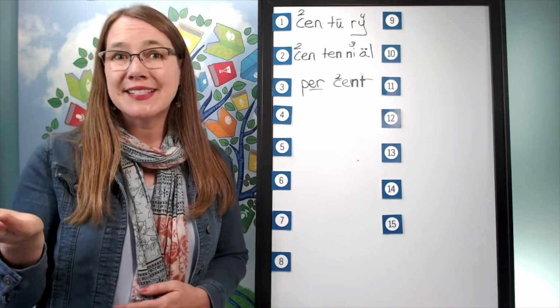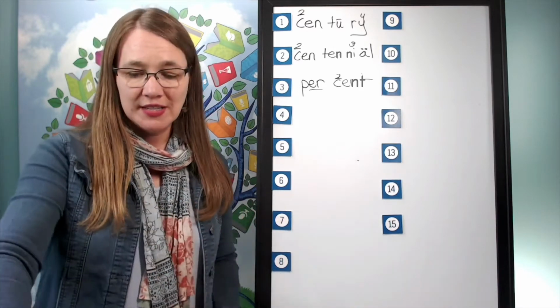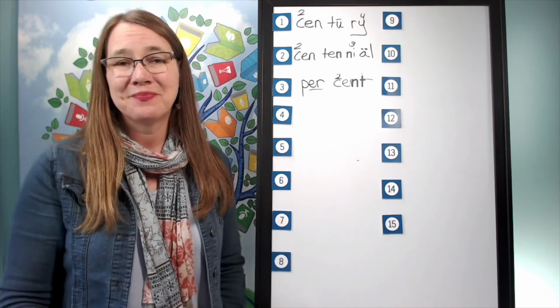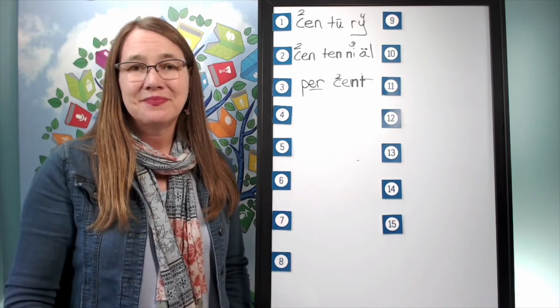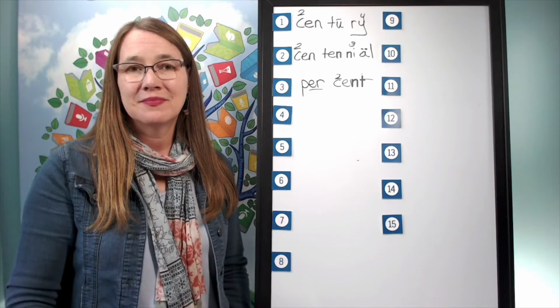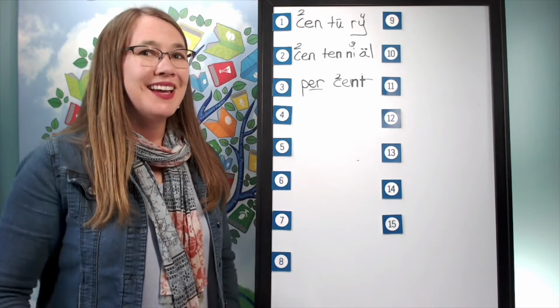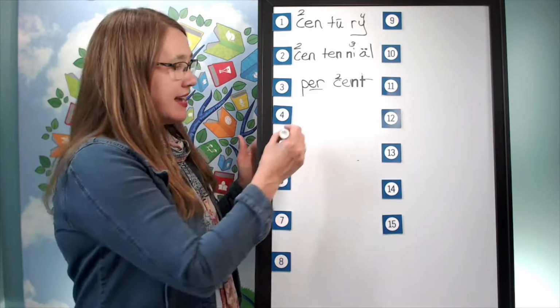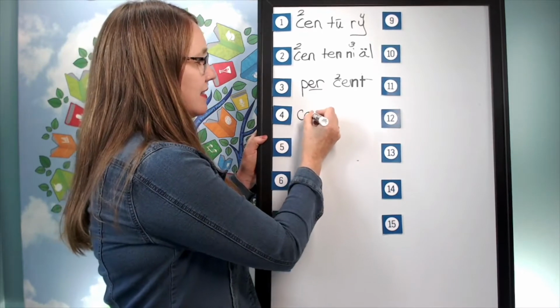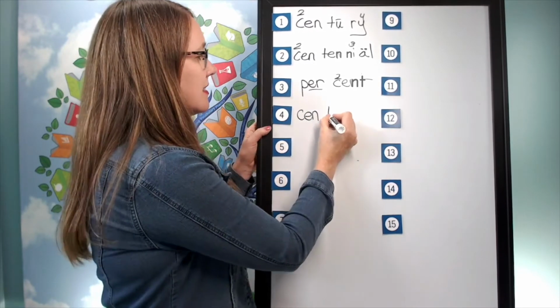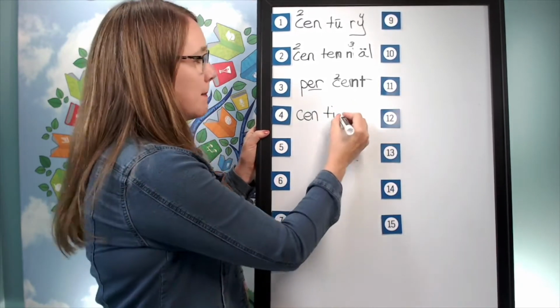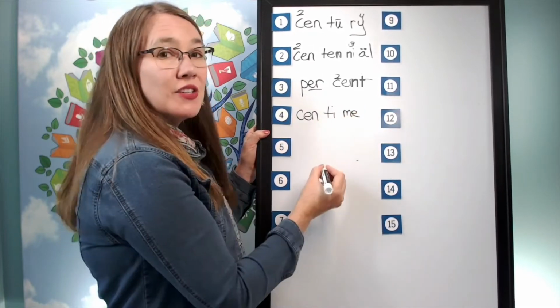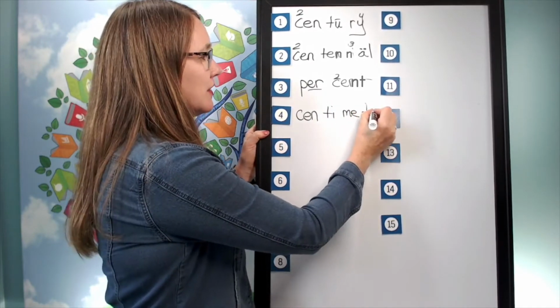Go ahead and write centimeter, sounding it out as you write it. And help me to write it. Sen, s, e, n, t, t, I, me, m, e, ter, t.